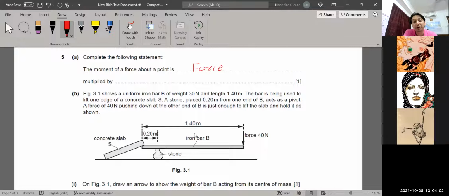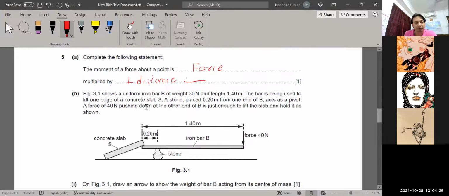You have to write perpendicular distance from the pivot. Yes, you can further write from the pivot, or from the axis of rotation, you can say.